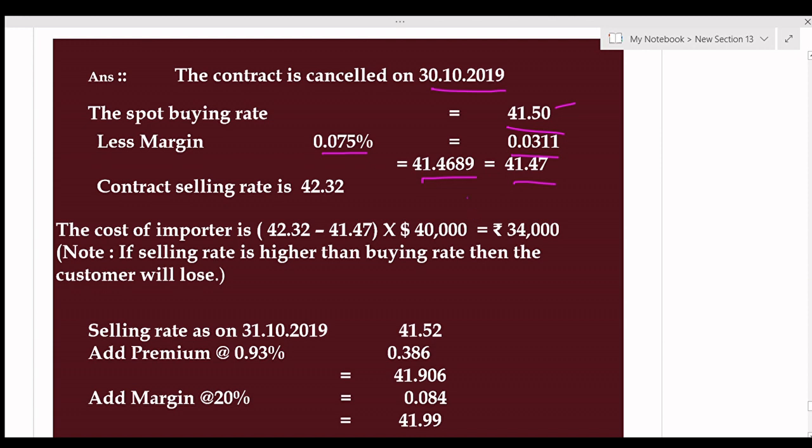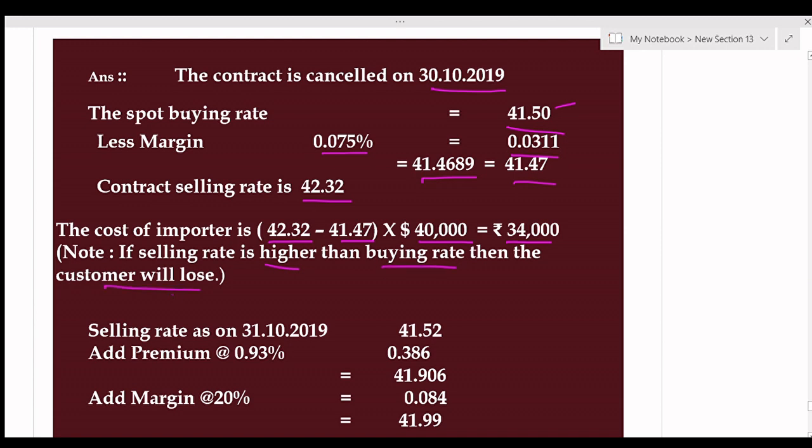The contract selling price is 42.32. The cost to the importer is 42.32 minus 41.47 multiplied with $40,000, which is equal to 34,000 rupees. If the selling rate is higher than the buying rate, then the customer will lose.